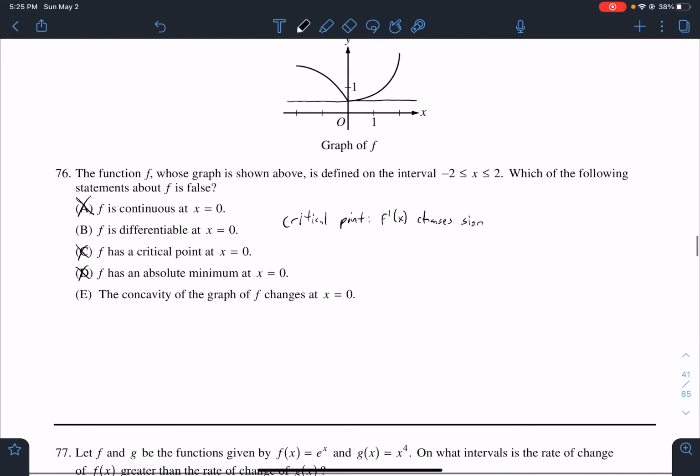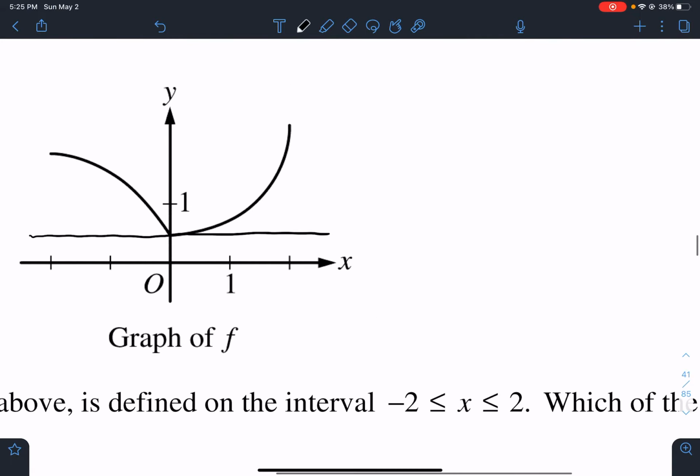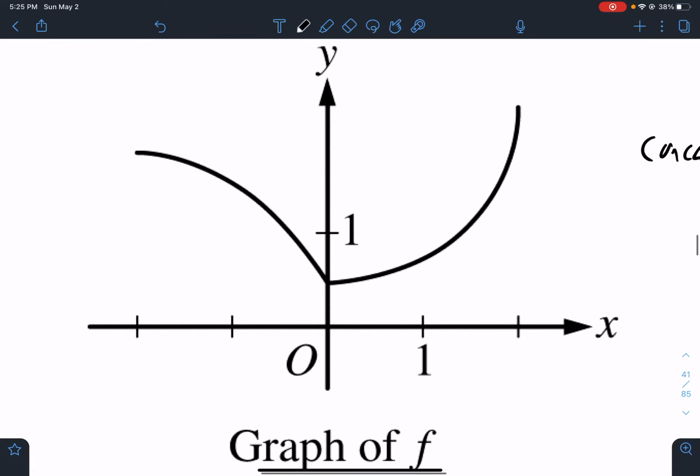And then for E, we want to see if the concavity of the graph changes. What concavity means is the sign of f double prime of x, whether f double prime of x is positive or negative.